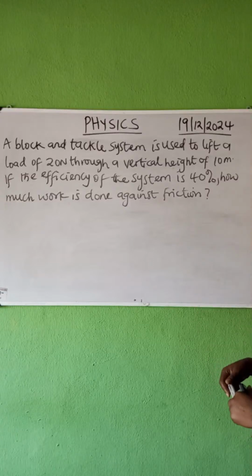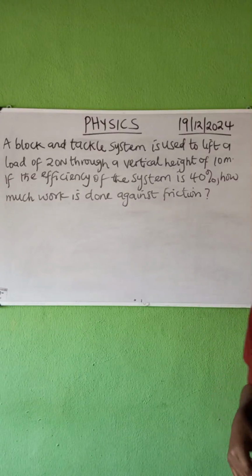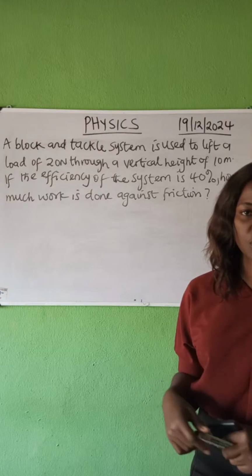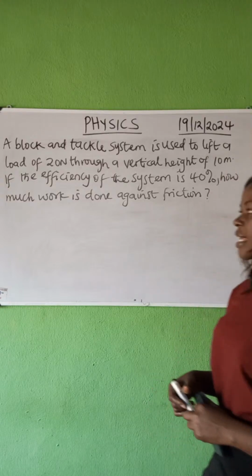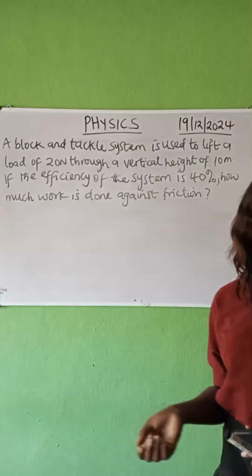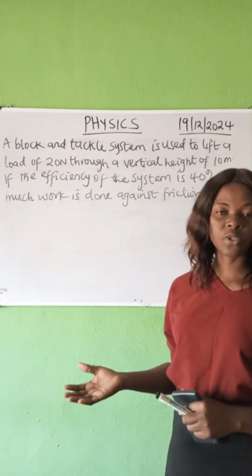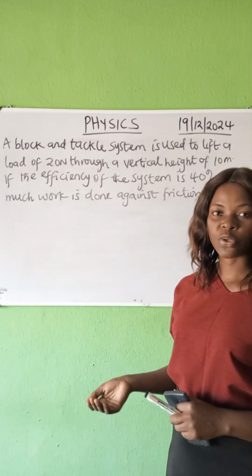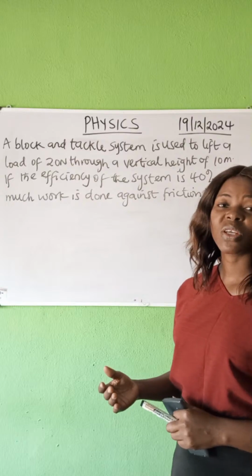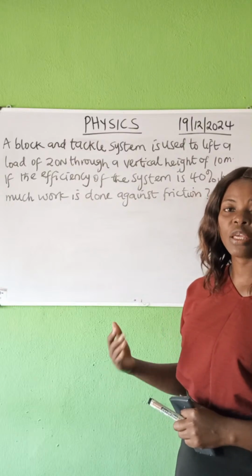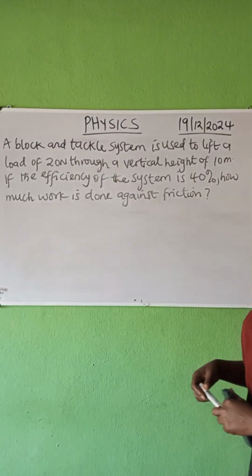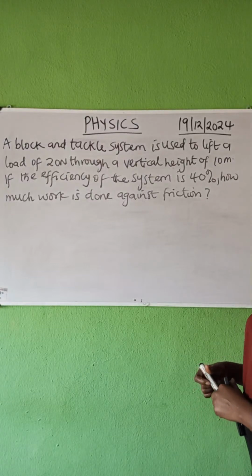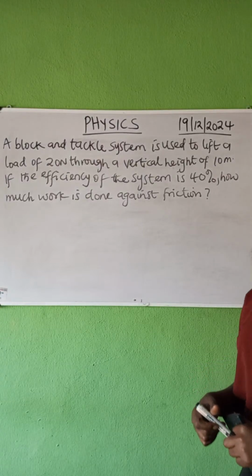Before we can get work done against friction, we need to get the work input. Remember that yesterday I told you that efficiency can also be defined as the work output divided by the work input. So for us to get the work done against friction, we must get the work input. From the values given to us, we can calculate our work output.